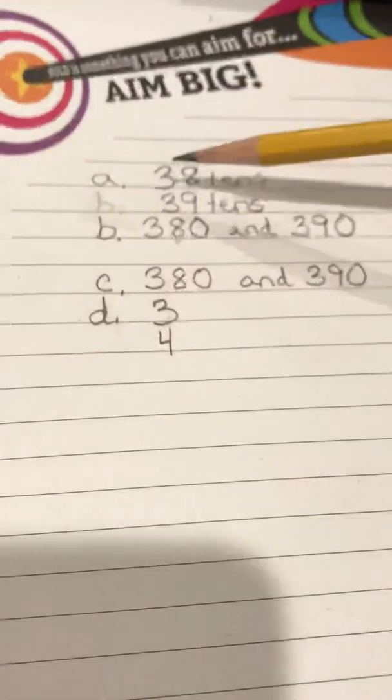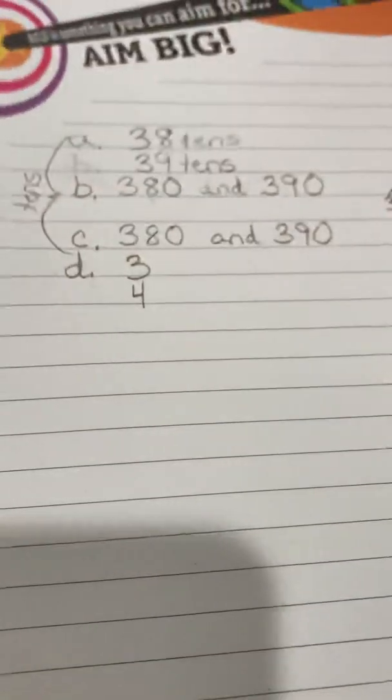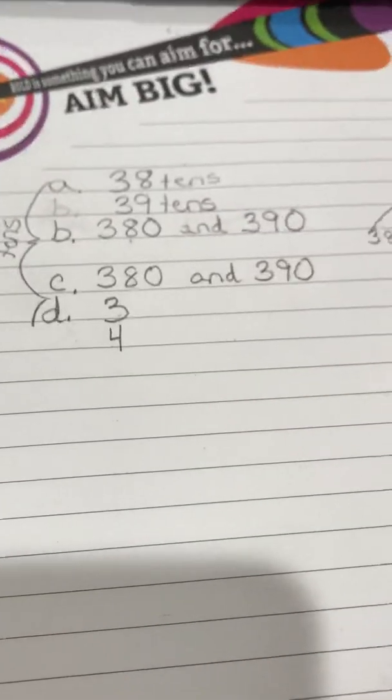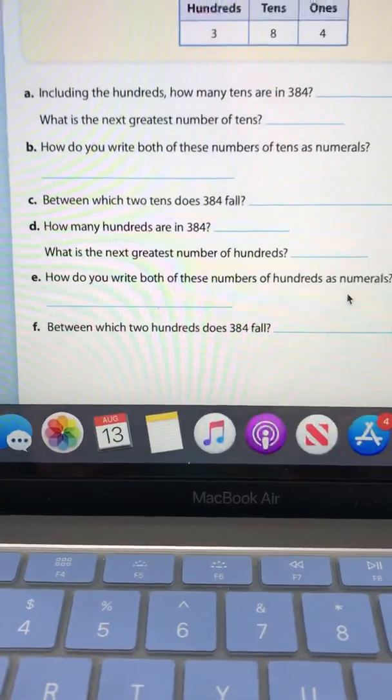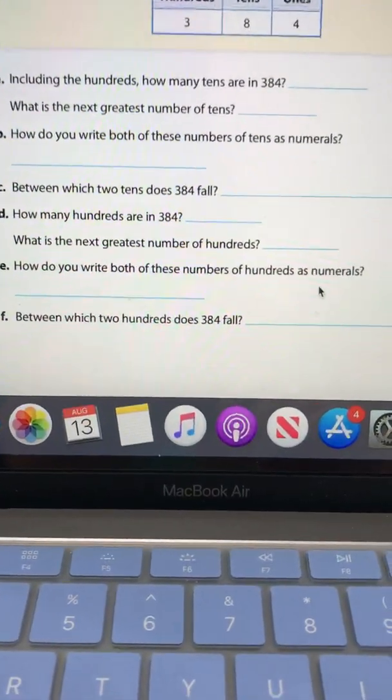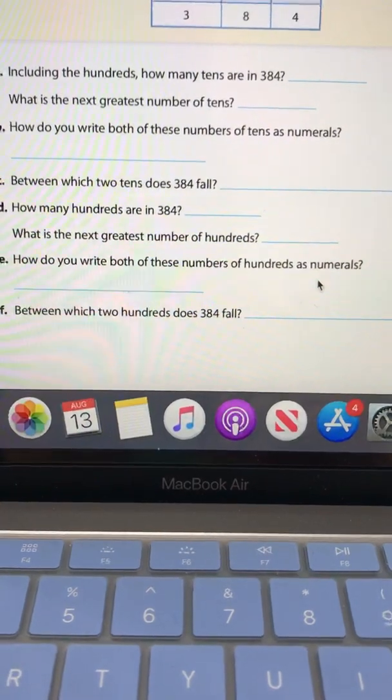Now what we're doing now is we're finding the hundreds that we would round to. So A, B, and C, and I'm going to make a note here on my paper that A, B, and C was when we were rounding for that 10 spot. Now we're switching and we're looking at our 100 spot. All right, let's look at letter E. E says, how do you write both of these numbers of hundreds as numerals?